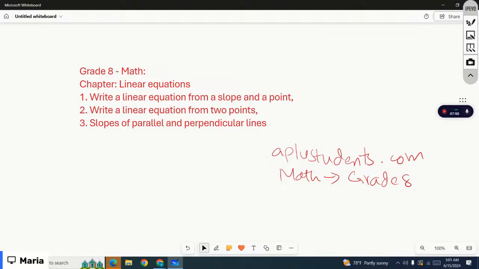We're going to start with the chapter linear equations. The lessons we're going to cover today are write a linear equation from a slope and a point, and write a linear equation from 2 points.